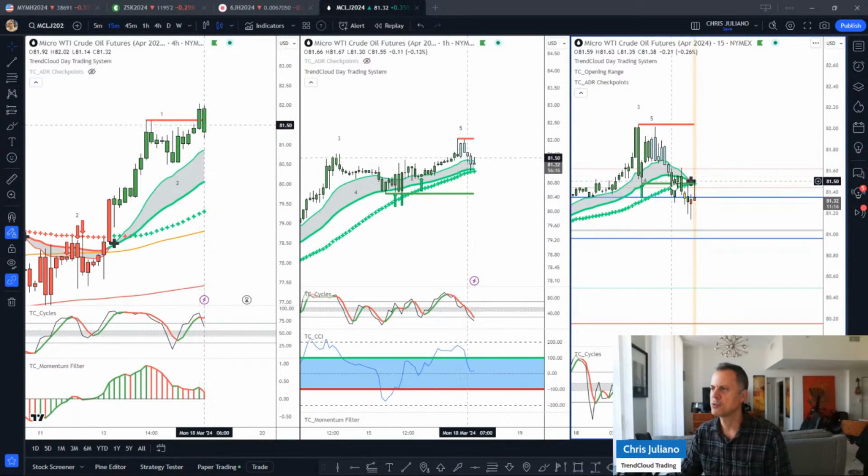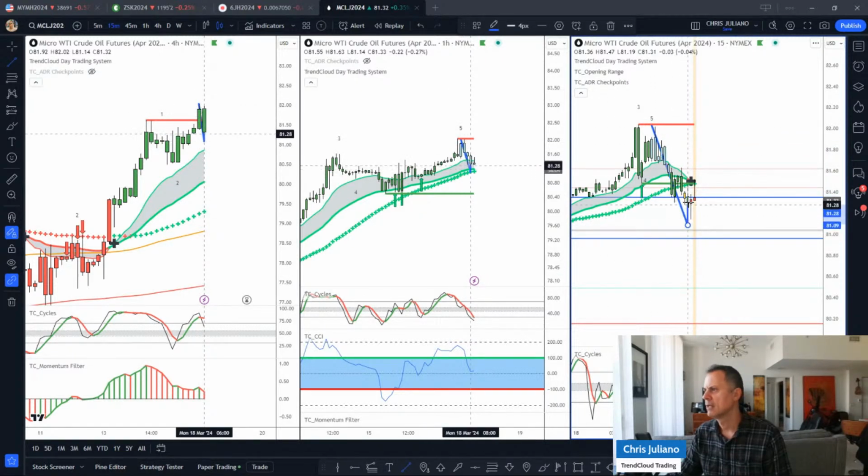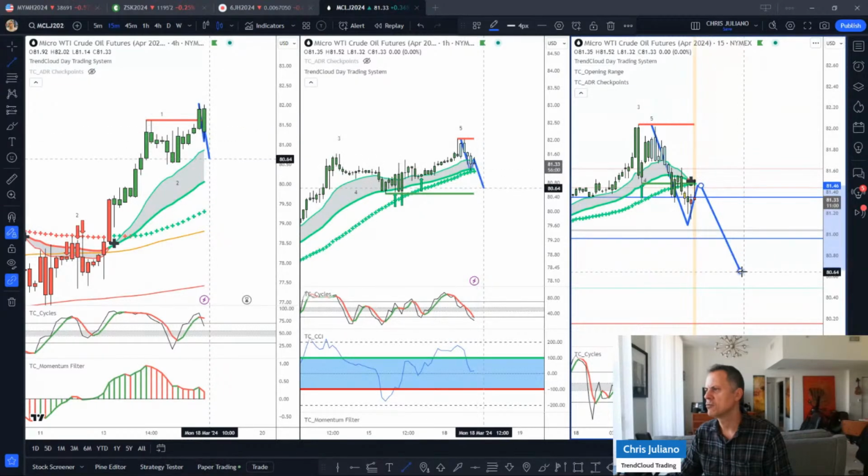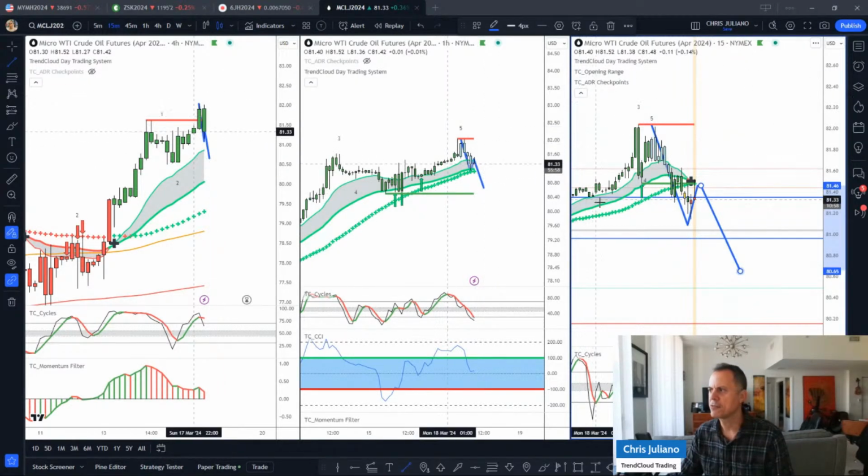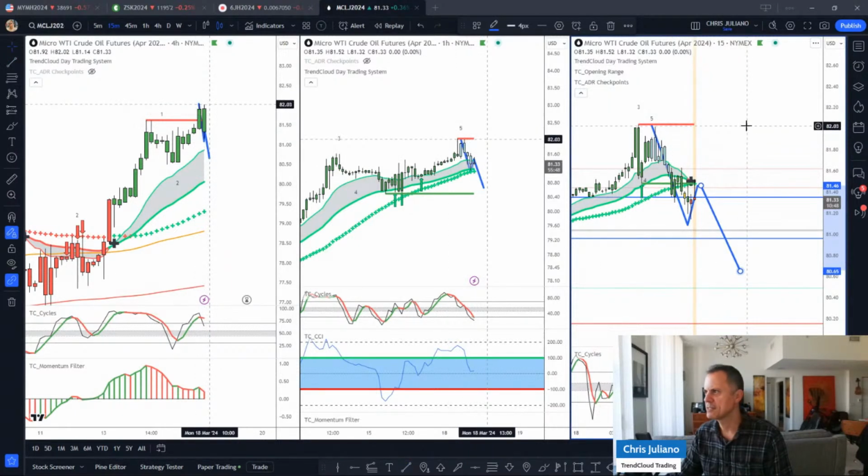So it's going to come up, find resistance here, and move down. We've recalculated. It's going to go right to here, find resistance, and move down. That is the story on the 15-minute chart. I hope everybody sees that and understands that.